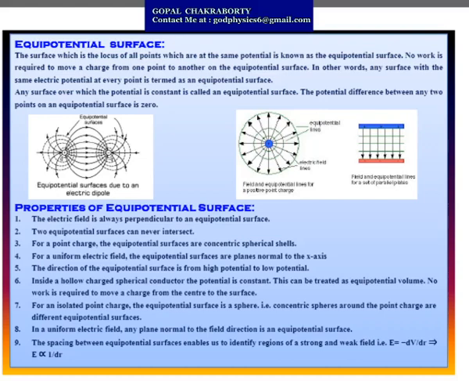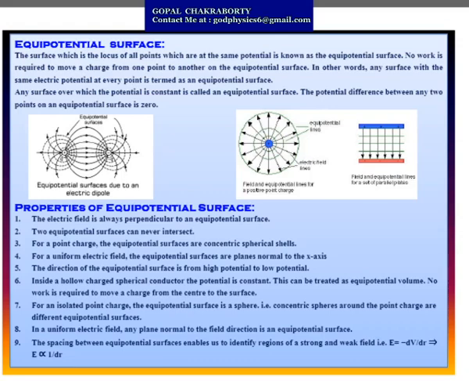For a point charge, the equipotential surfaces are concentric spherical shells. For a uniform electric field, the equipotential surfaces are planes normal to the x-axis. The direction of the field is from high potential to low potential, as I have shown you in the diagram.